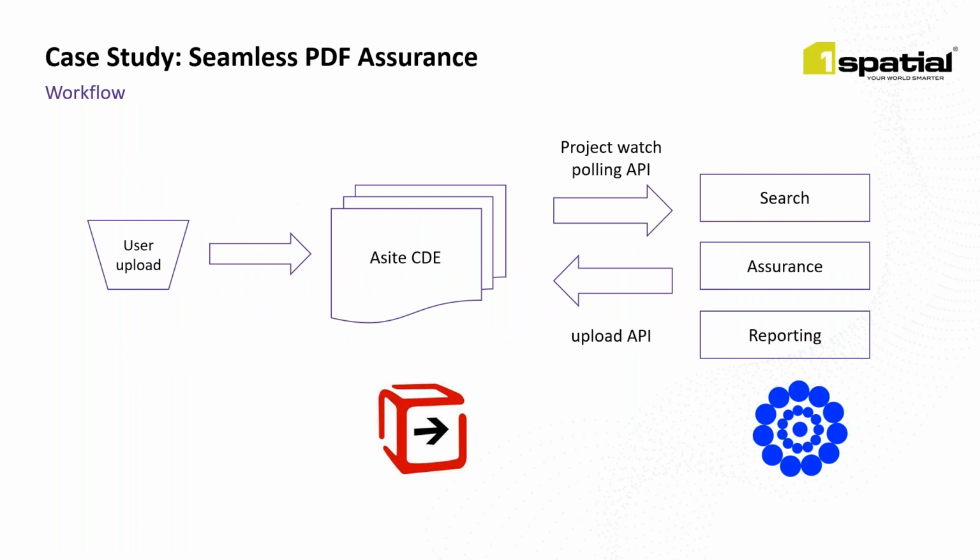The plan was that files would be uploaded to ASITE, and FME Flow would be configured to check for data in a near real-time method. We would then have an FME workflow built to run rules against these files, providing assurance against the data quality, and then providing a report. This report would then be handed back to ASITE to be picked up by the supplier or the upload user to fix any issues.